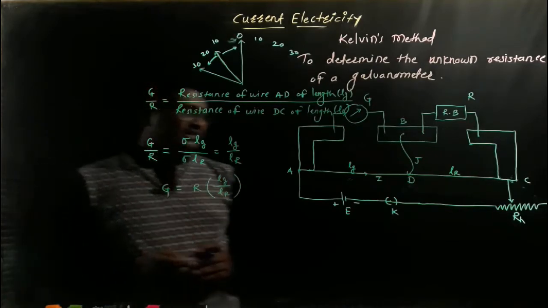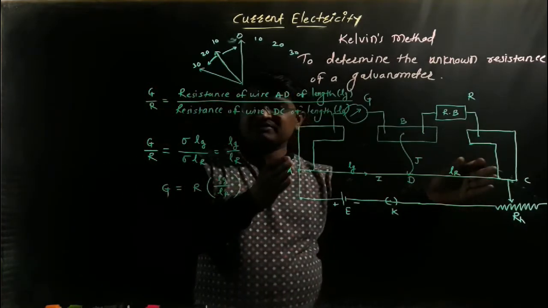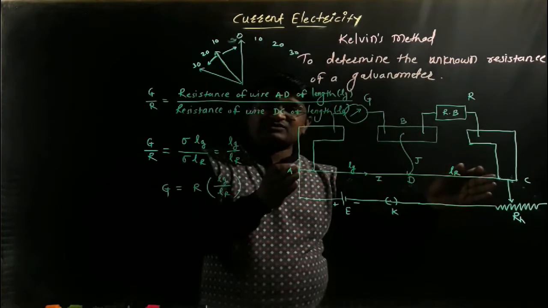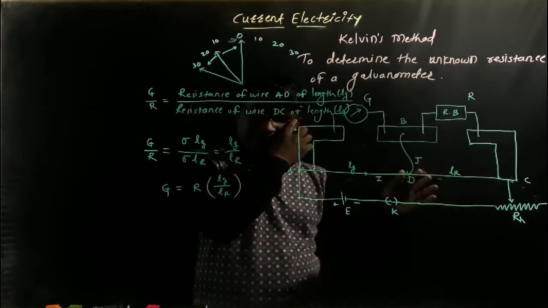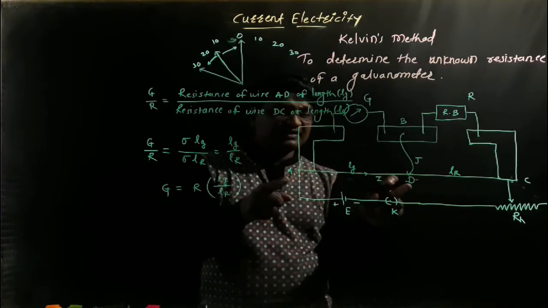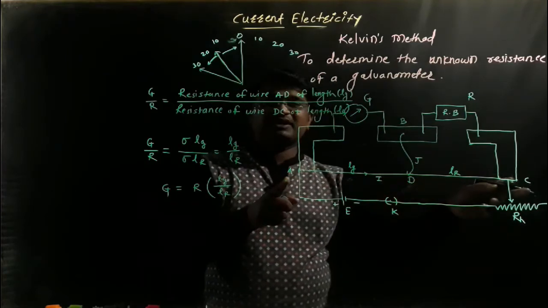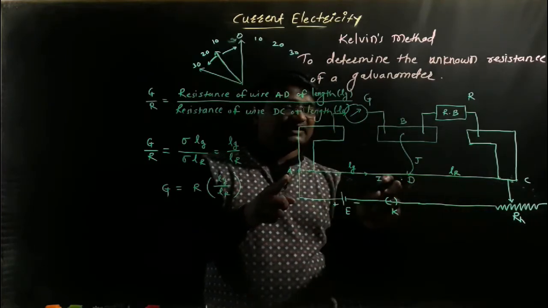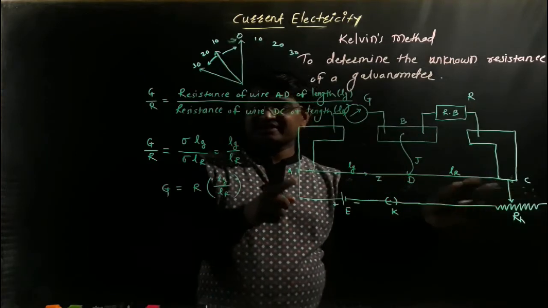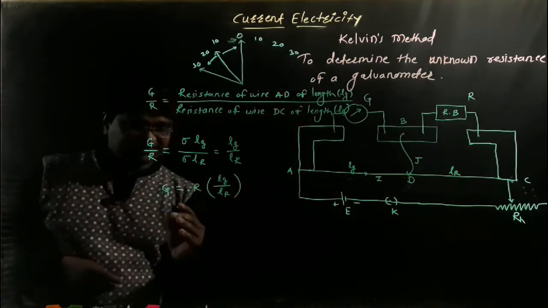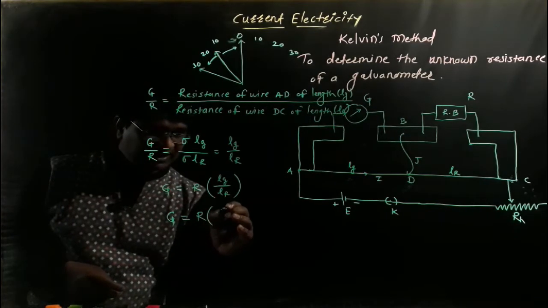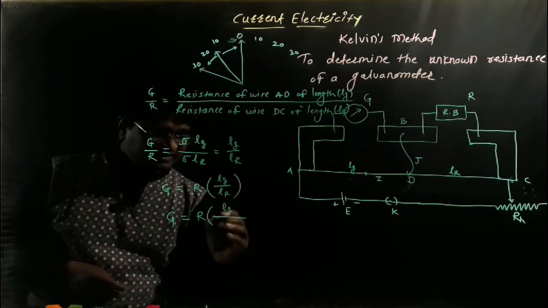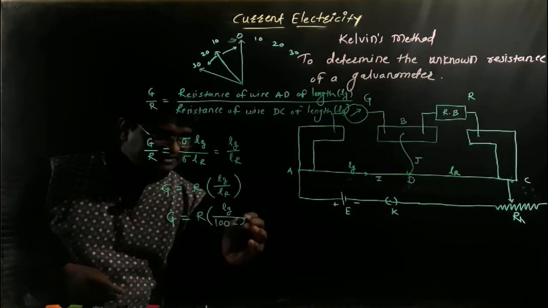Let's imagine that this AC is a 1 meter long wire fixed on the meter scale, so the meter scale has 100 centimeter length. If AD is 40, then we automatically find DC: 100 minus AD. So G is equal to R into LG, and LR is 100 minus LG.